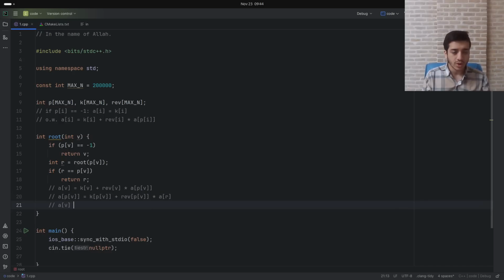So what I'm going to calculate should be K prime of V and rev prime of V that satisfies this condition. So the first two are given, and I want to find the value for K prime and rev prime.